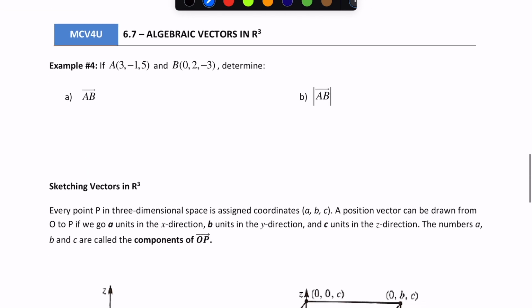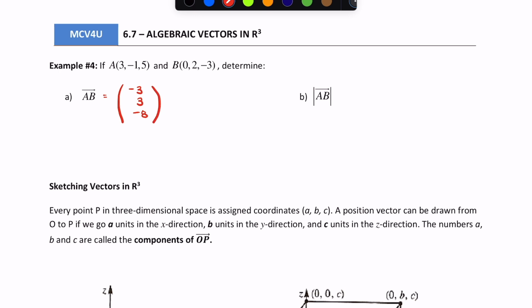So here, if we look at the example, it says if A is equal to 3, -1, and 5, and B is equal to 0, 2, and -3, determine vector AB. So here, vector AB is equal to 0 minus 3, so -3, 2 minus minus 1, so 2 plus 1, which is 3, and -3 minus 5, which will give us -8.